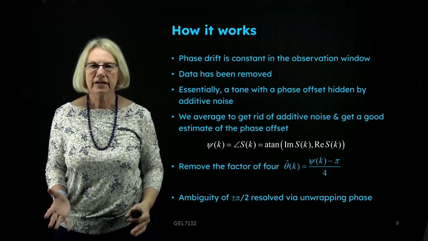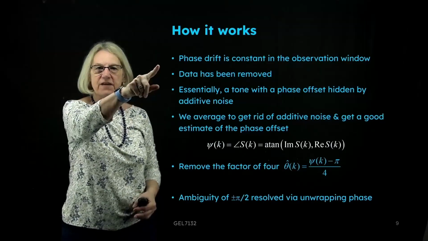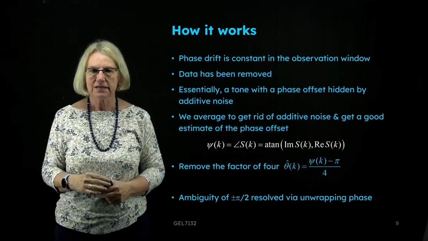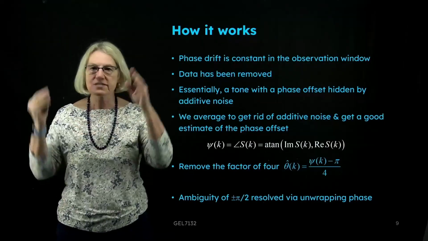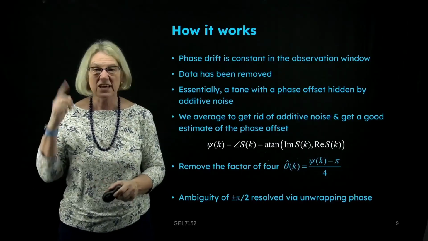So let's go over it again. How is it that this Viterbi-Viterbi works? It assumes that the phase drift is actually constant during this observation window. The data has been removed. So in this observation window, the only thing I have is a single complex exponential with a fixed phase.